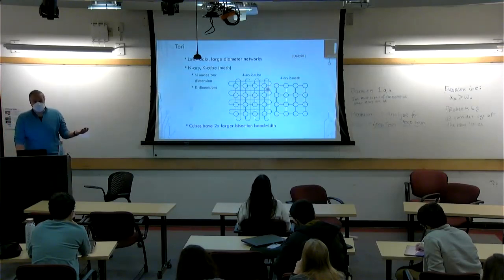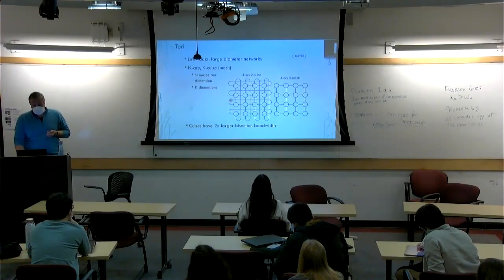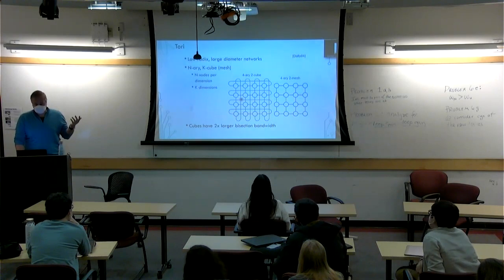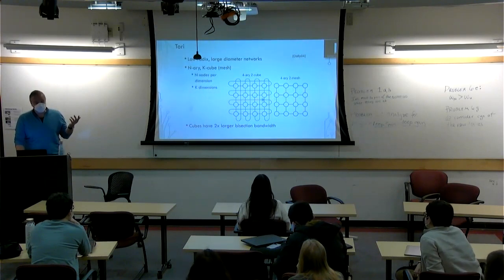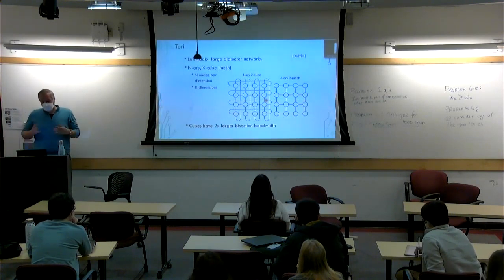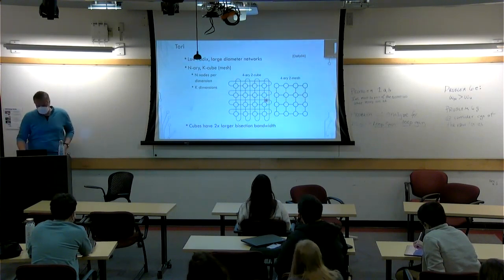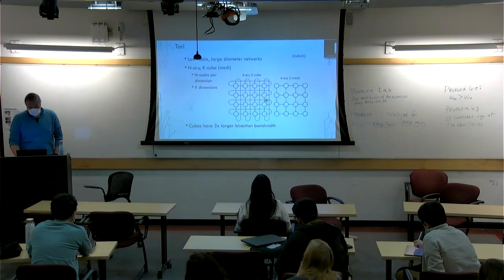Now notice that if we kept the channel the same for both of these, as I make a cut, I have twice as many channels because of this return path. So my bisection bandwidth grows by 2x, and I can plan for that in my design.